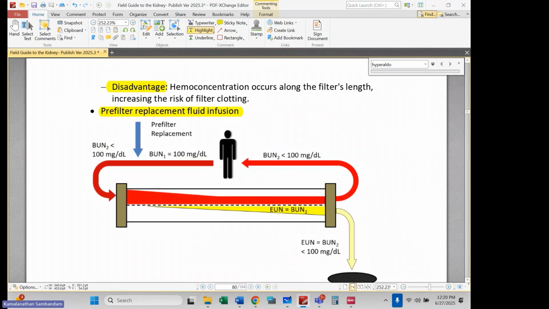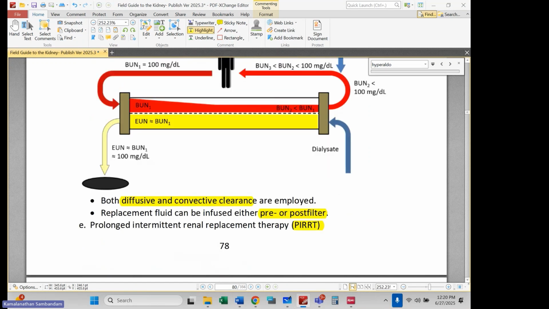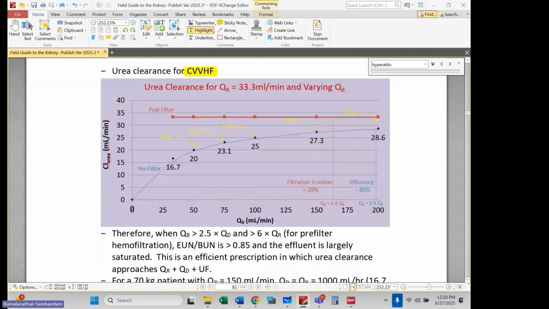You can calculate this as a function of blood flow rate and replacement fluid flow rate. You can calculate the theoretical drop in concentration. If this is going 100 mils per minute and this is going 20 mils per minute, you're roughly going to get a 20% drop in my urea concentration. So my EUN to BUN ratio you can actually calculate, and this drops to somewhere below 85%.